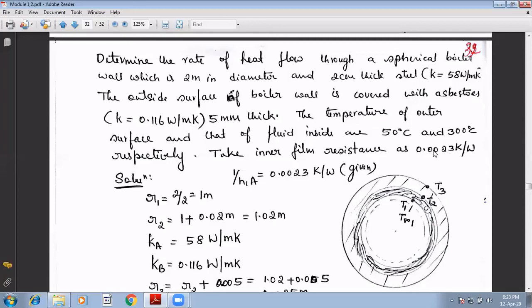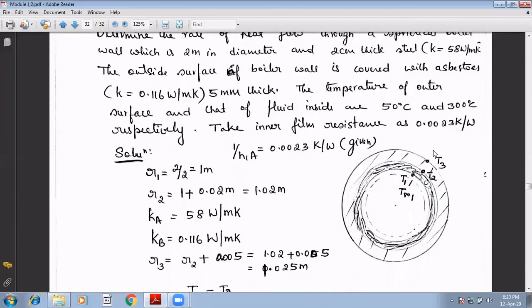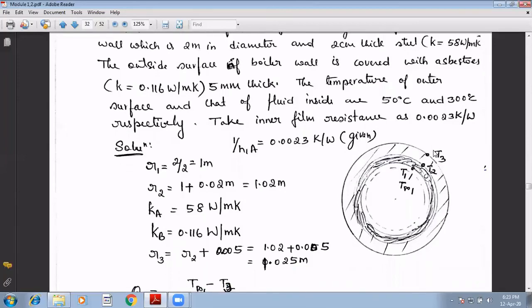Now how to solve this? Same procedure. First you calculate radius R1, over which you have mounted some material of thickness 2 centimeter. That becomes R2. R1 is 1 meter, because the diameter of the sphere is given.